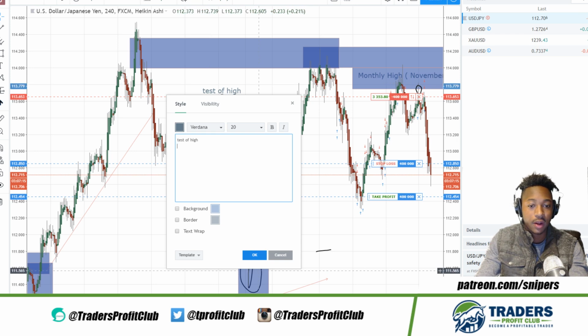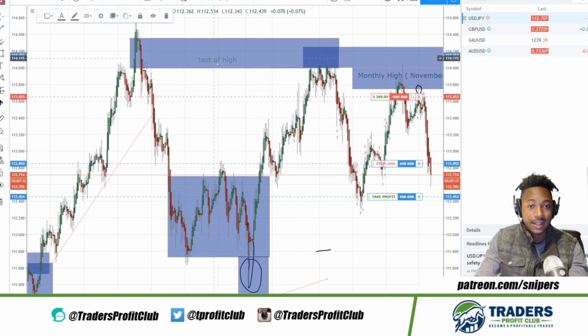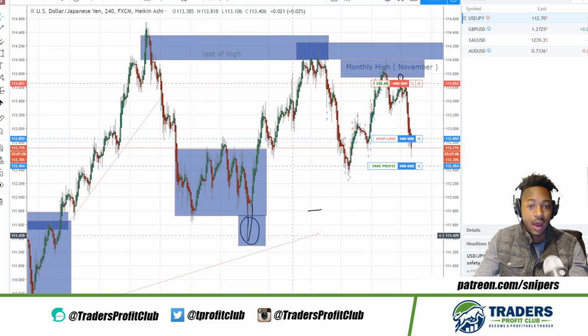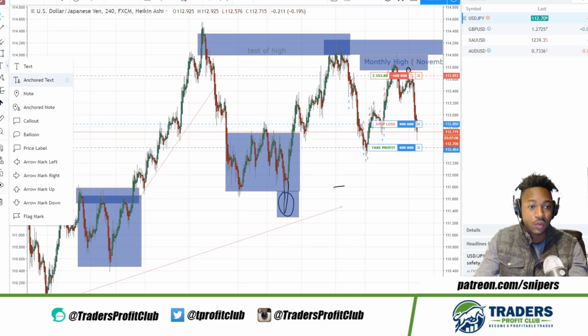This is where we saw the market make that M formation, like we talked about, where it looks kind of like an M, and that's where we know the market has stopped making highs, and now we're going to look for a reversal.